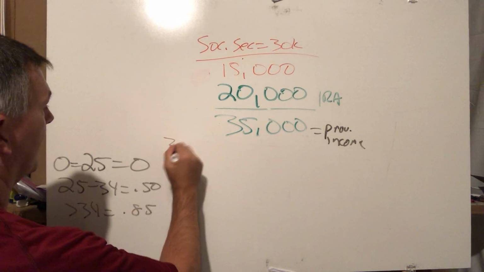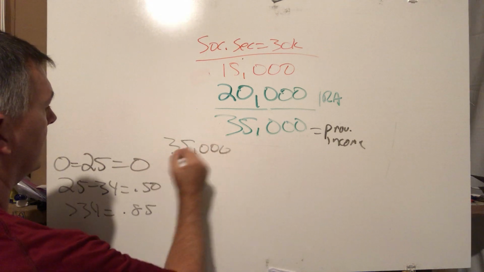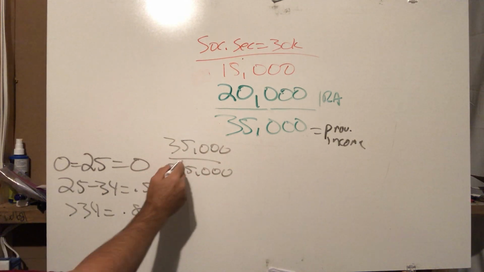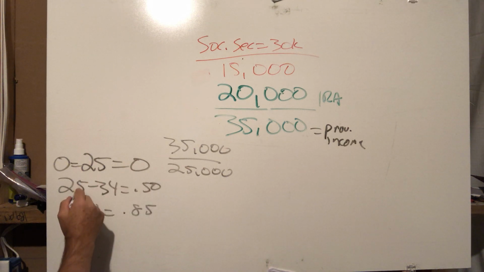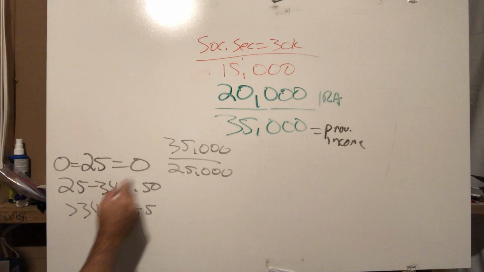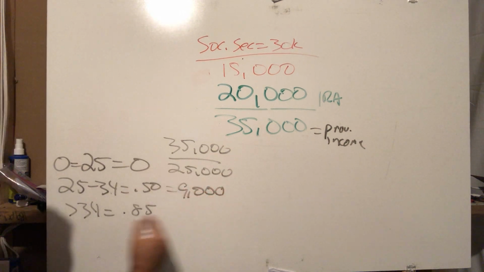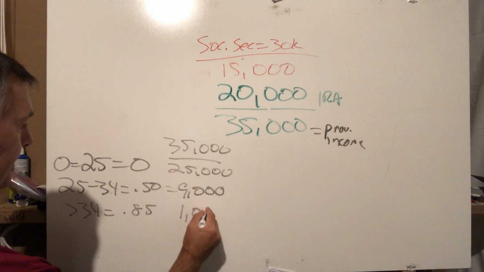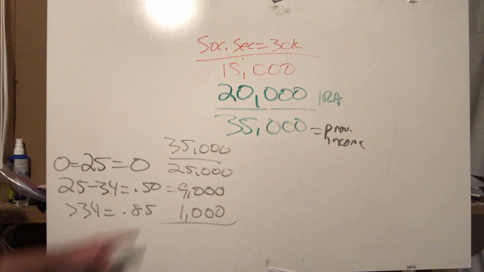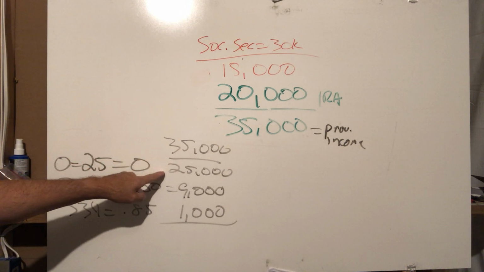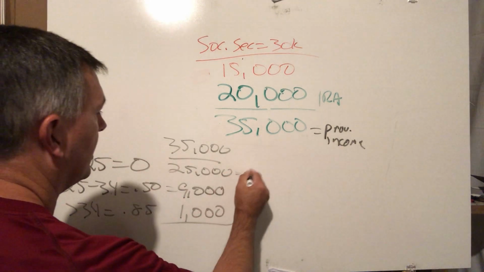In this case, we take 35,000 minus 34,000, and that leaves us $1,000 there. So 35,000, the first 25 is 0. So we go equals 0 here.